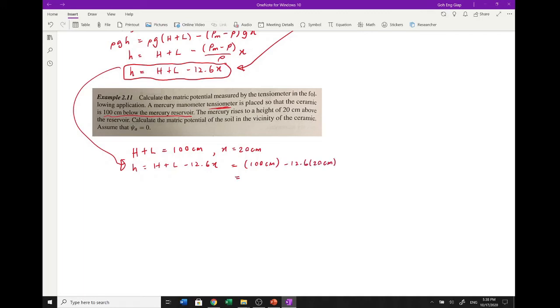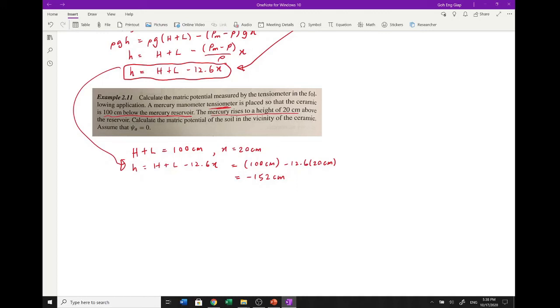So if we calculate, what do we get? We get about negative 152 centimeters. So the mercury rises above 20 centimeters.